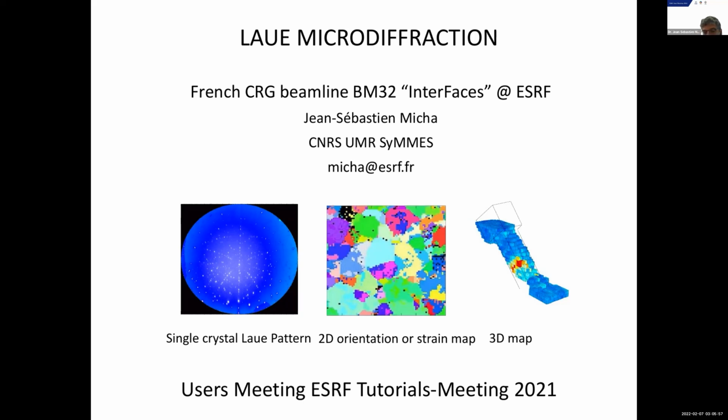Then you can reconstruct every Laue pattern in any voxel in your sample, and then apply the standard analysis to determine the local orientation and the local strain. I'm sorry, I haven't really updated the PowerPoint presentation, but the information hasn't changed much in one year.